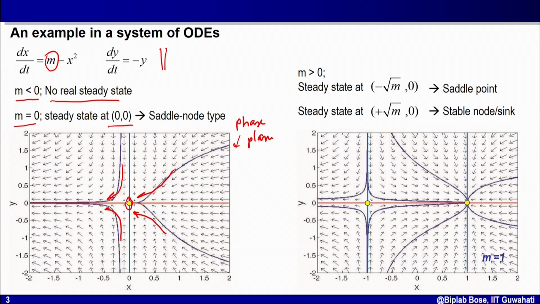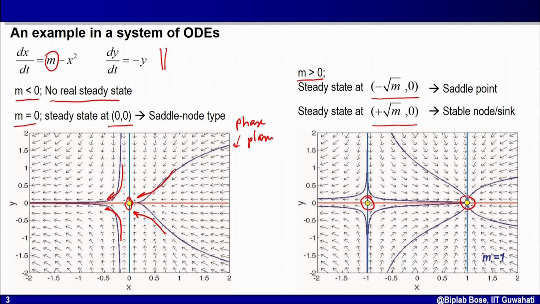Now, if I change m and make it bigger than 0, a positive value, then I will have two steady states, minus root m, 0 and plus root m, 0. In the phase plane, you can see them. These two are the possible steady states when m is greater than 0.